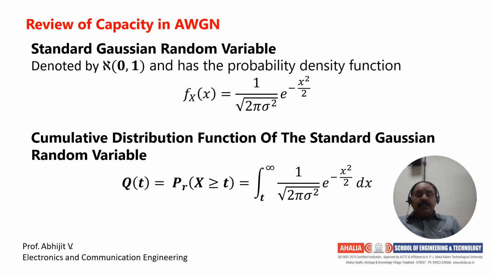So as discussed in the previous slide, this Gaussian random variable denoted by N(0,1) has a probability density function, f_X(x) is equal to 1 by root 2 pi e raised to minus x square by 2. We have substituted 0 for mu.